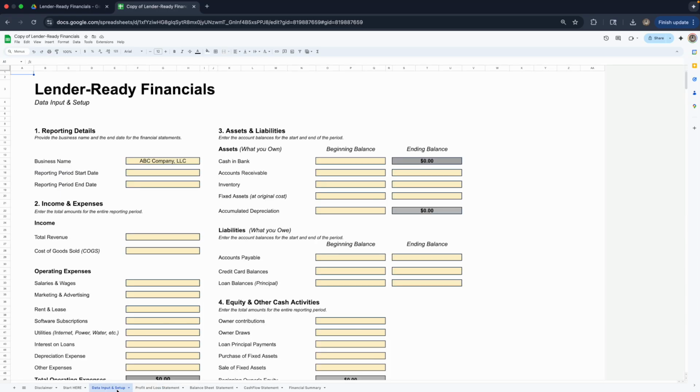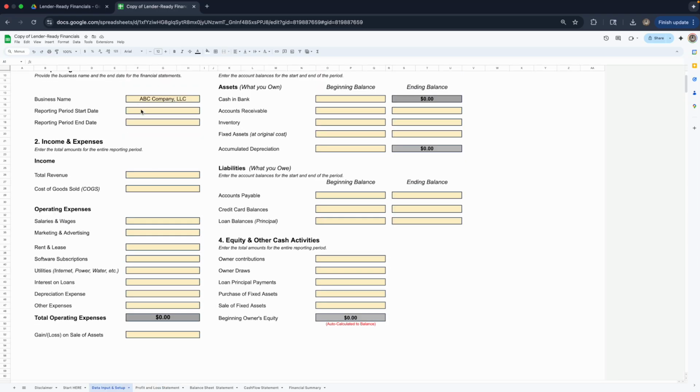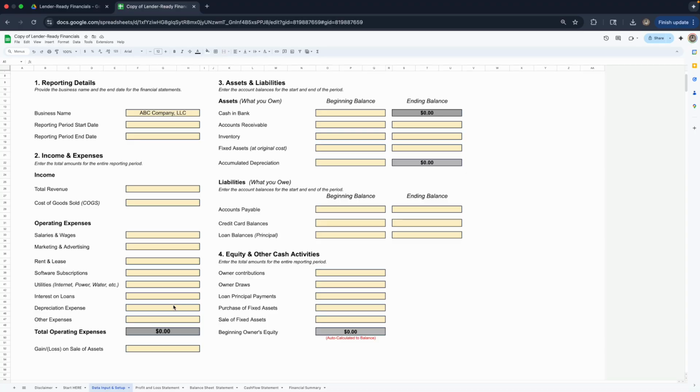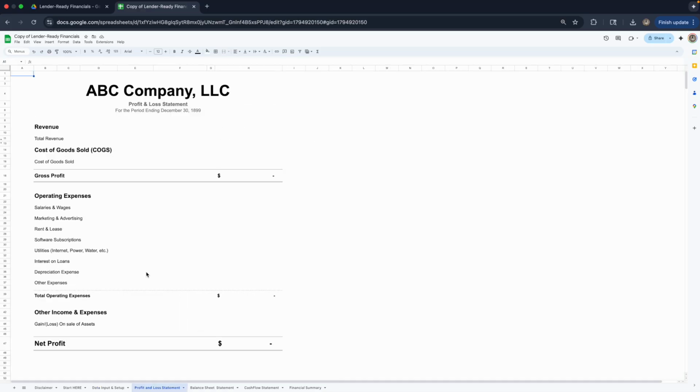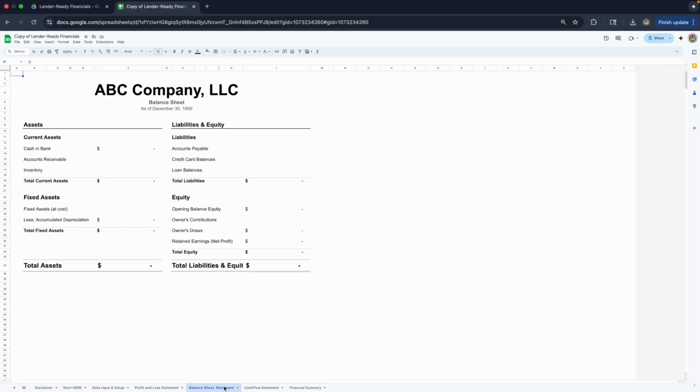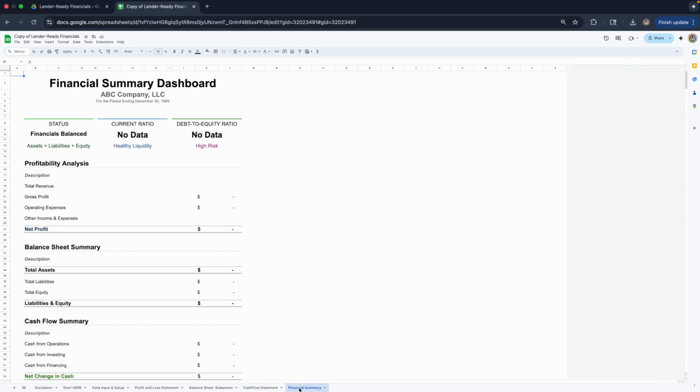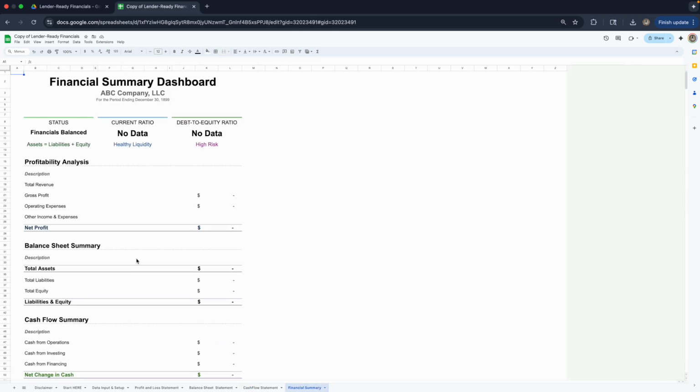Basically the user will just input the data into these yellow cells here. Once that information is inputted, it will automatically be generated to the P&L, the balance sheet, and the cash flow. You also get a financial summary of your three financial statements, and it gives you the current ratio and the debt to equity ratio, which is what lenders look for to see if you have healthy liquidity and if you're high risk or not, if you have a lot of debt.